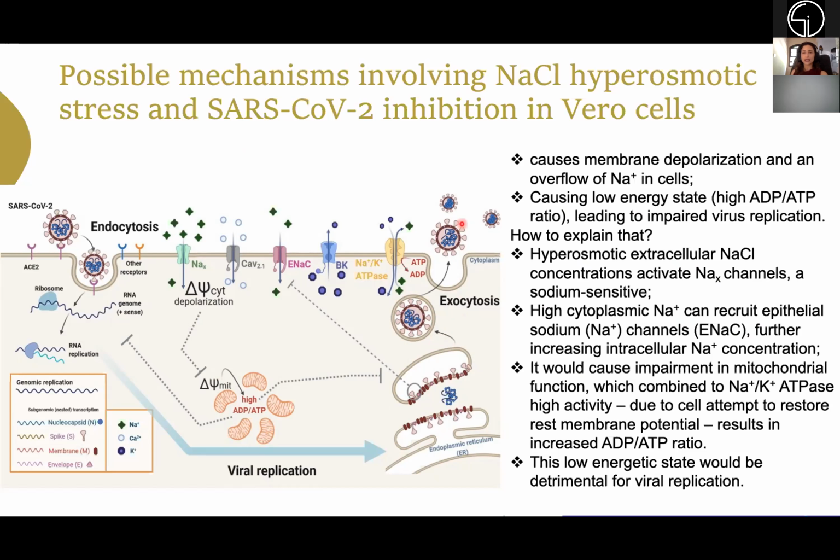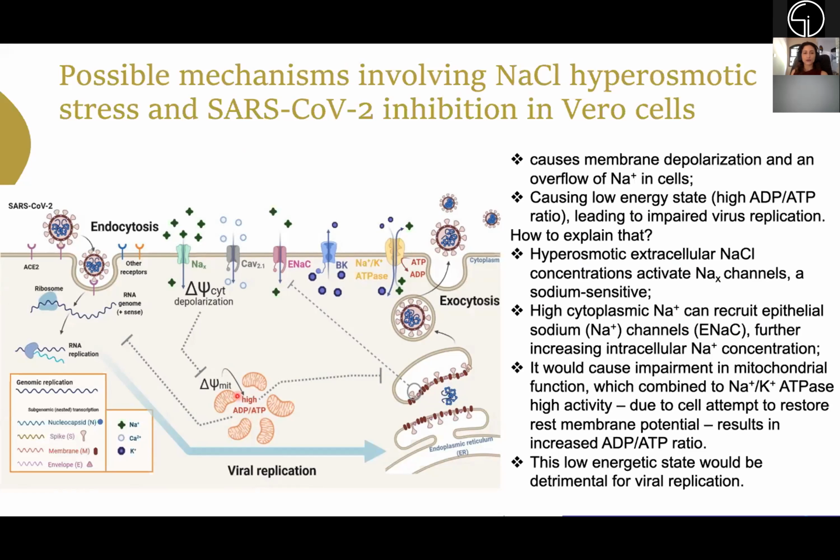The NaCl concentration outside that we added causes membrane depolarization. Here, it changes the polarization of the outside and inside of the cytoplasmic membrane. It causes an overflow of NaCl inside of the cells. That in the end causes a high ADP-ATP ratio, meaning that you have a very high amount of ADP, and ATP is essential for everything in the cell.